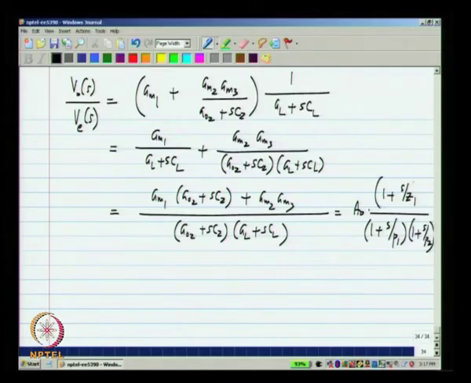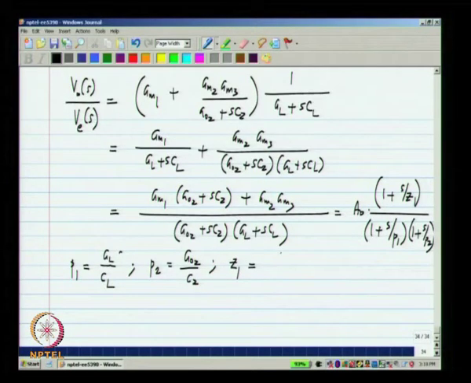Okay. Here the pole is at minus P1 and P1 itself will be equal to GL by CL, and the other pole is at minus P2 and P2 will be equal to GO2 by C2, and the 0 Z1 will be at GM1 GO2 plus GM2 GM3 divided by GM1 SC2.